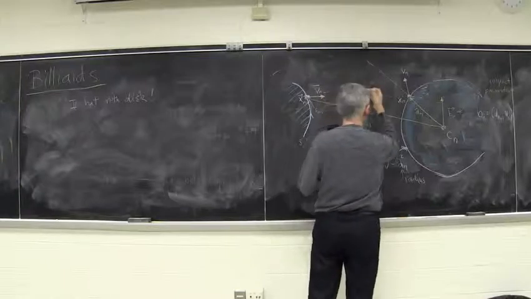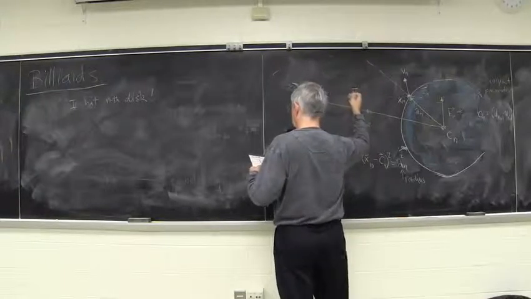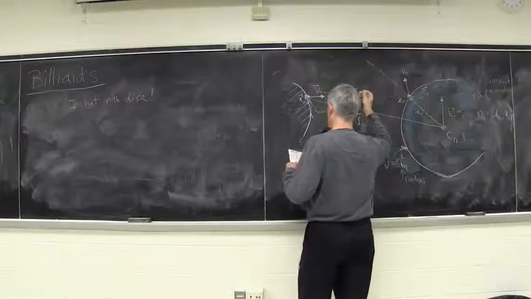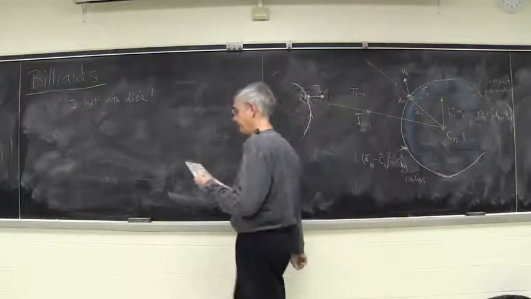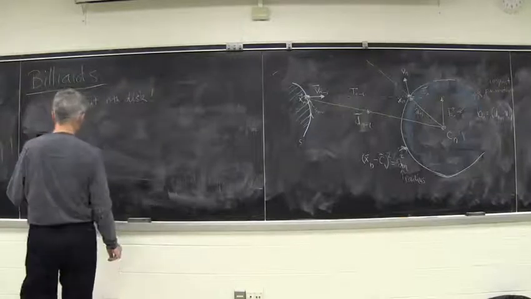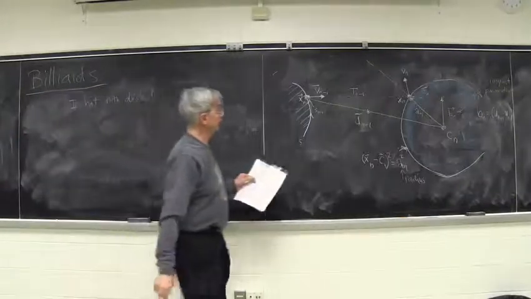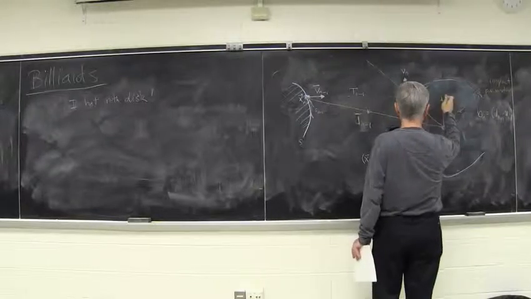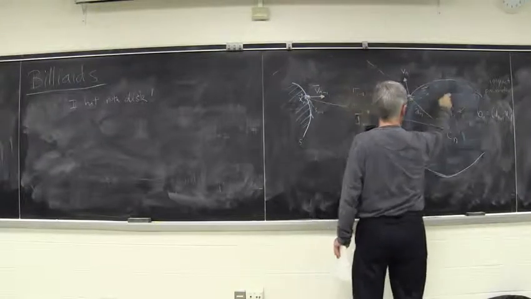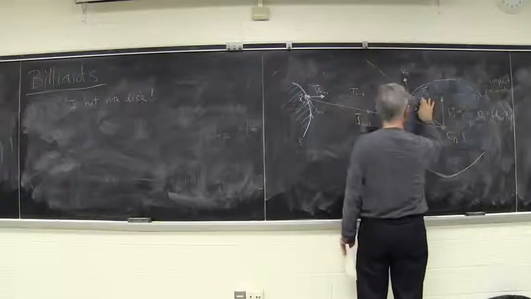And I don't know whether to put minus 1 or not here. Maybe I should put minus 1 here. And what's the time of flight? Well, that's very easy. That's this thing here minus Cn, which we already computed.